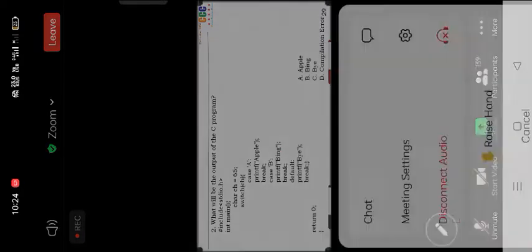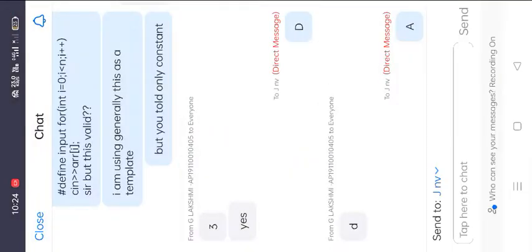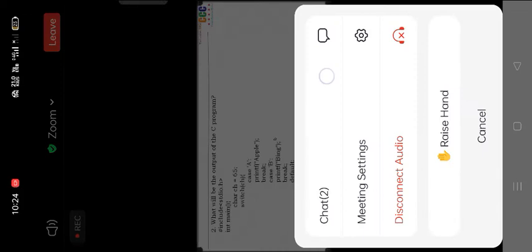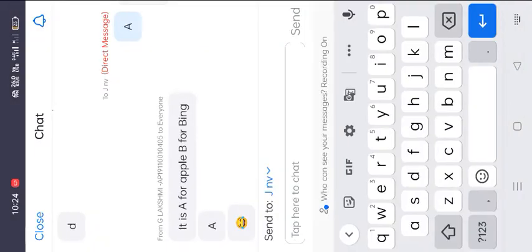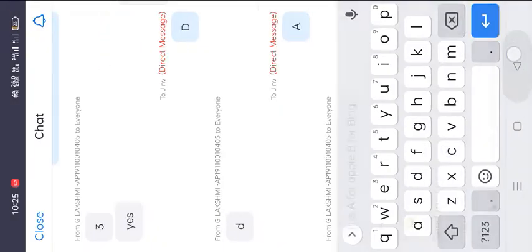If it is A for apple, then it should be B for ball, right? Why is it Bing? Then the answer is apple. Apple is the right answer. Excellent. It's A for apple, B for Bing only. No, in my school days, it is B for ball. Yeah, fine.